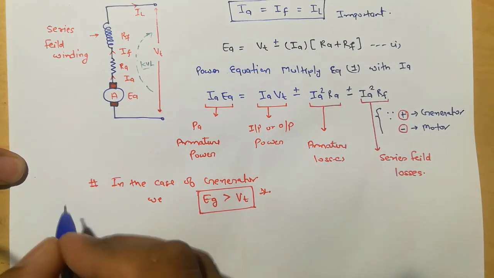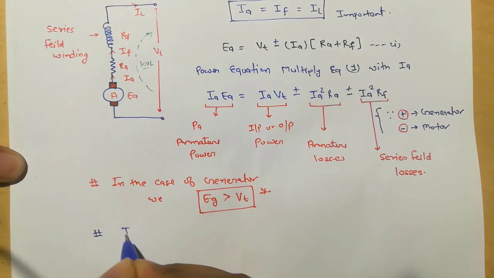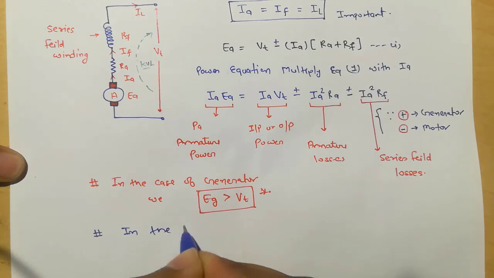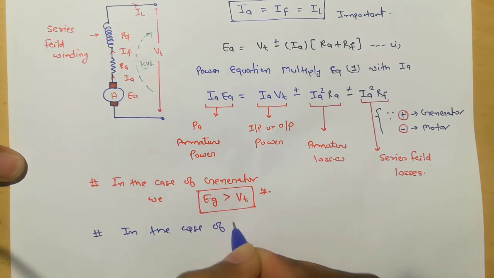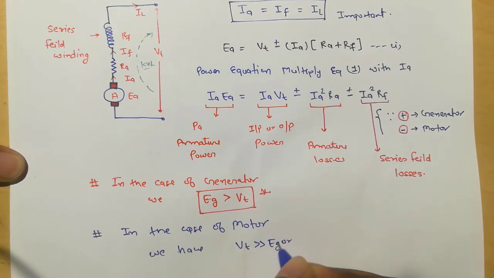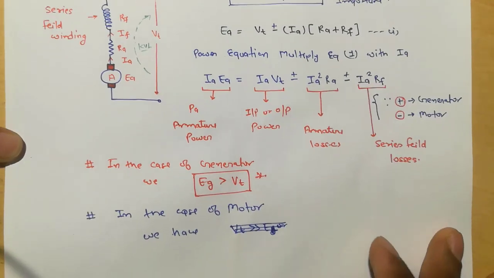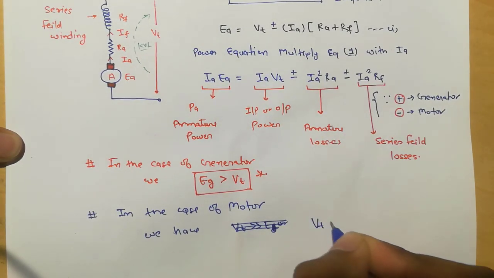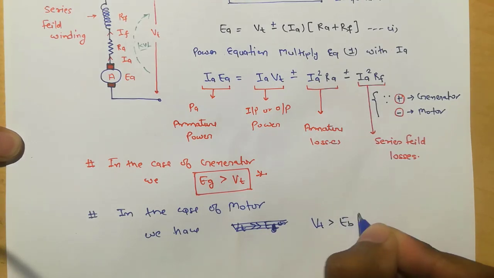Now in the case of motor, the terminal voltage Vt is always greater than the induced EMF, or actually it is not the induced EMF, in the case of motor we have a back EMF. So the terminal voltage is always greater than the back EMF.